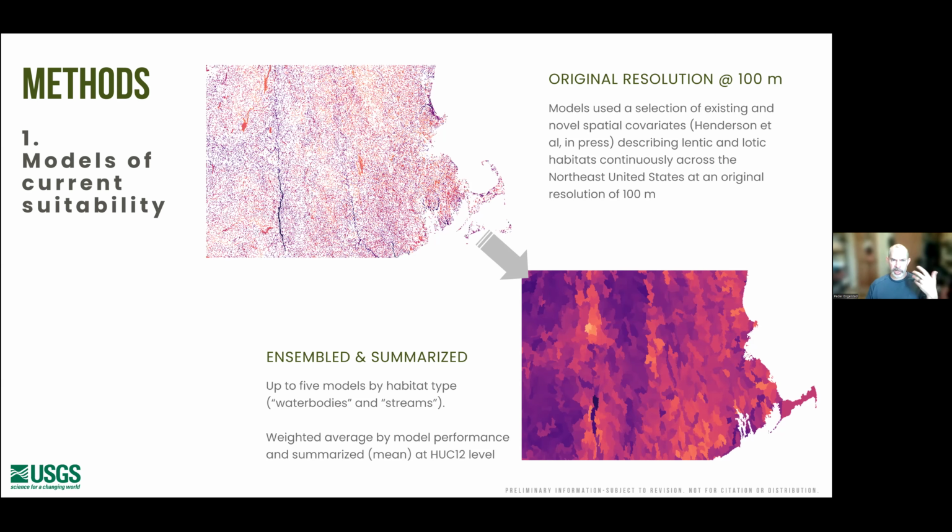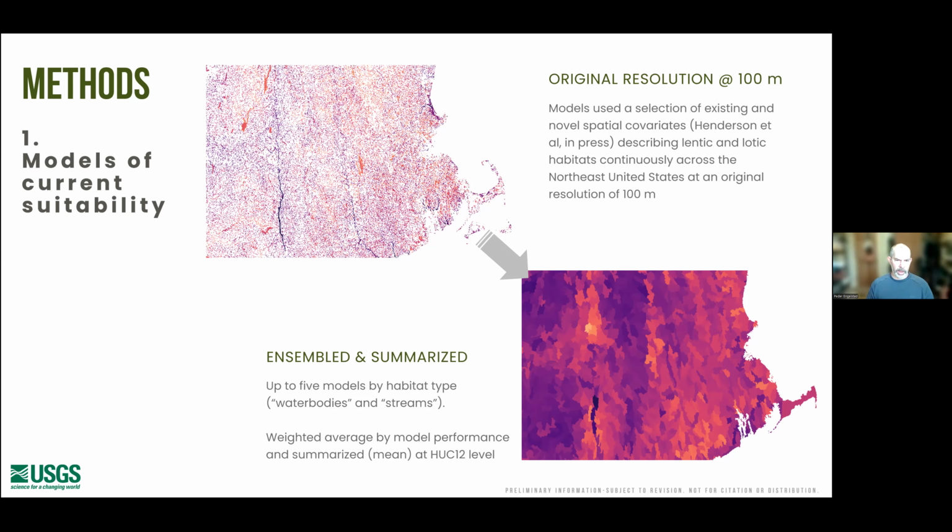And so just showing the high resolution of the map, obviously zoomed in here to Eastern Massachusetts, but this is just an example of across the entire Northeast region. This is the level of detail that we start at for our predictions of suitability. And then we have up to 5 models in each of the habitat types, so we can combine up to 10 models into final maps.